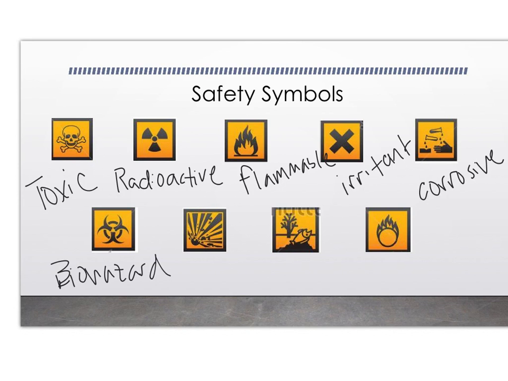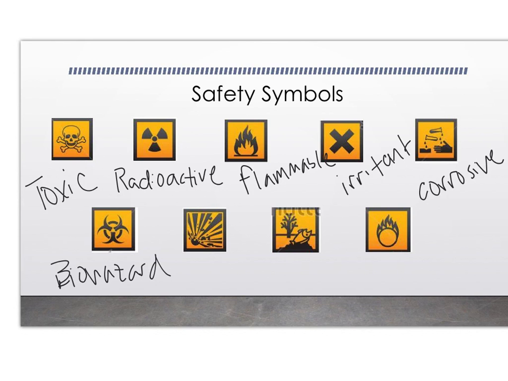You want to have this symbol placed on those containers. That's especially important in the health science world because you don't want to put your hand in a trash can full of needles or injections, because you could cut your finger and then have someone else's blood inside of your body. That is very dangerous, so you need to stay away from any container that has the biohazard symbol next to it.